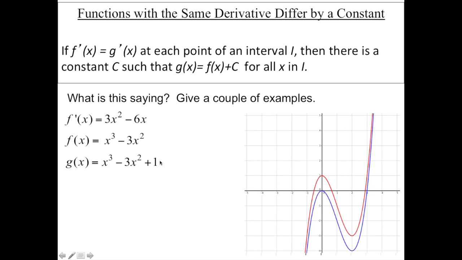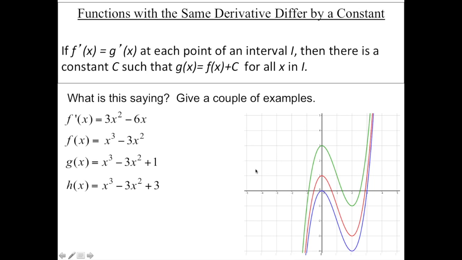And if we do that again with a different constant, for instance, this, again, it's a different constant, but when I take the derivative of this, I'll get 3x squared, which is my derivative, minus 6x, which is the other part of my derivative, plus 0, because the derivative of a constant is 0. So g of x is this red curve, h of x is this green curve.